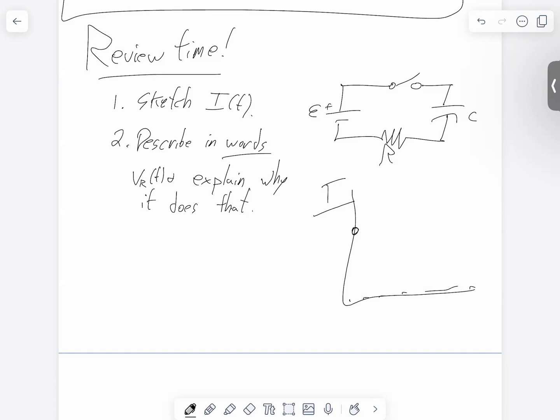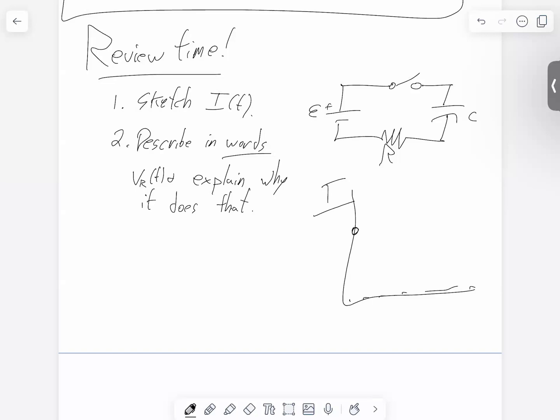Q over C. Voltage on a capacitor is Q over C. If you have no Q, you have no V. So all the V is dissipated where? In the resistor. What is the initial current through this resistor? V over R. Script E over R, whatever.